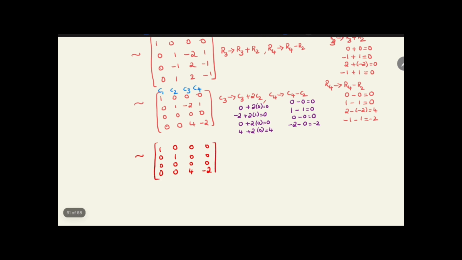Next, what I will do is, I will divide R4 by 2. R4 implies R4 by 2. Okay, so now what does the matrix look like? 1 0 0 0, 0 1 0 0, 0 0 0 0 and 0 0 2 minus 1.